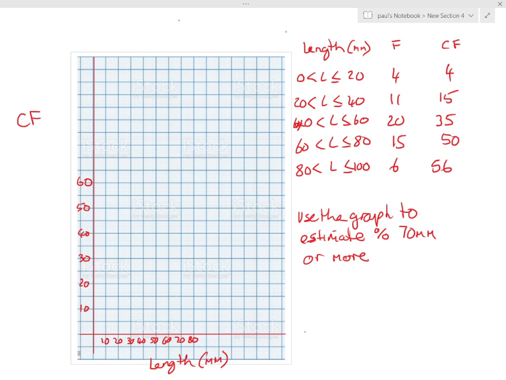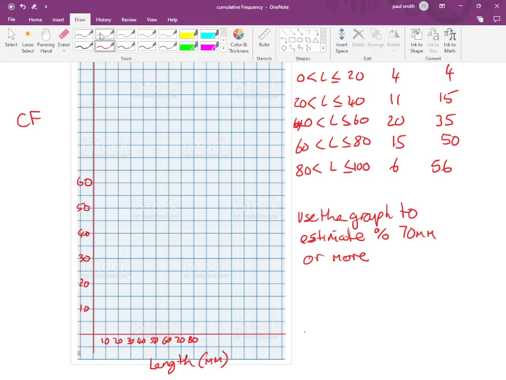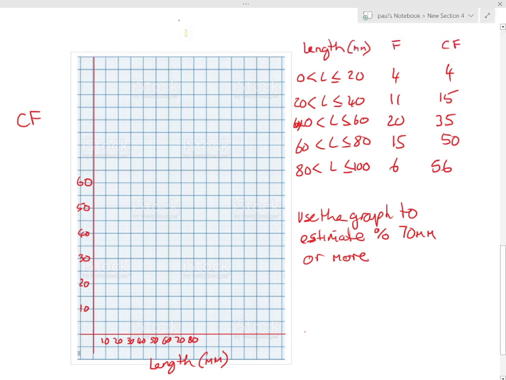That's enough. Now when we were doing just data on its own, we used to have to find a midpoint, but here we use the biggest numbers in each group for the coordinates, because this is everything up to and including 20.